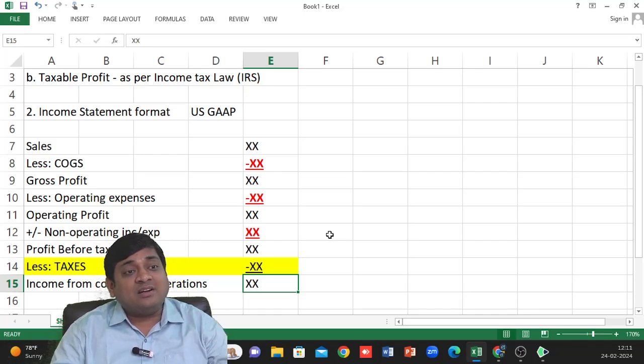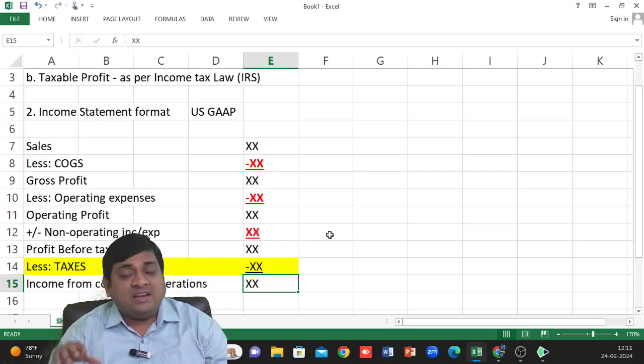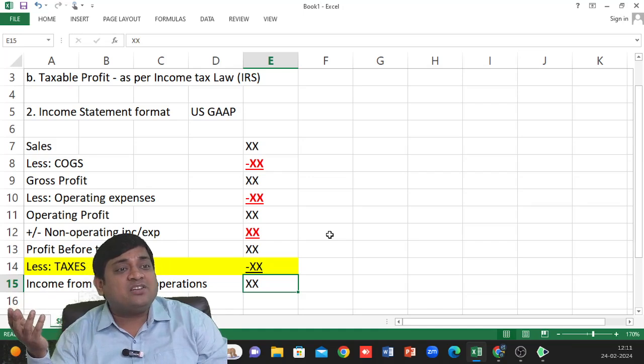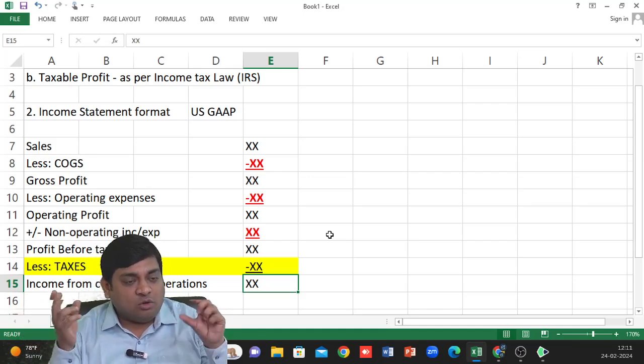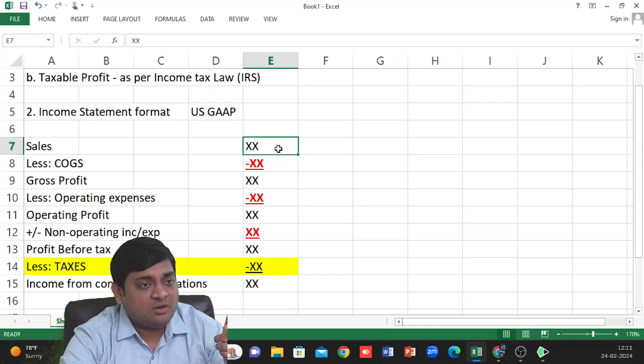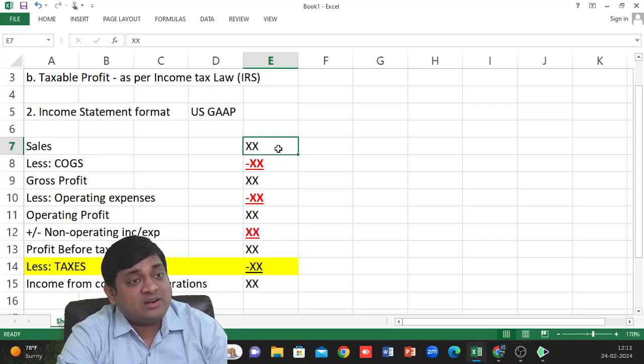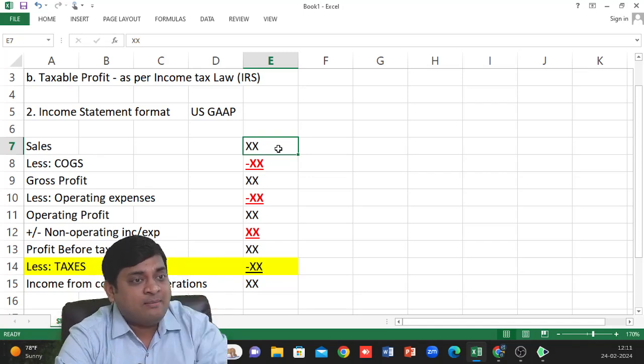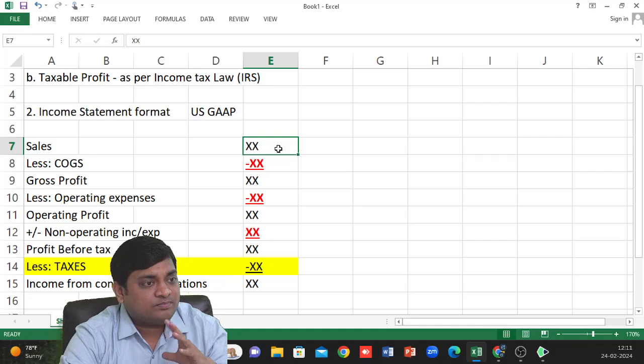Further, we have learnt in accounting changes, right? We were following the completed contract method, and in income tax law we are following the percentage of completion method. So the amount of revenue we will report in case of completed contract and the amount of revenue we will report in income tax law is not the same, right?